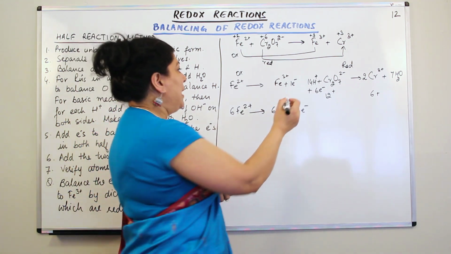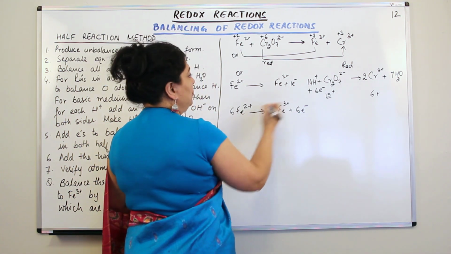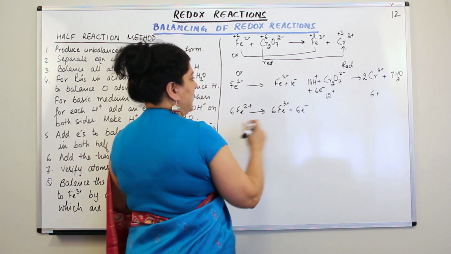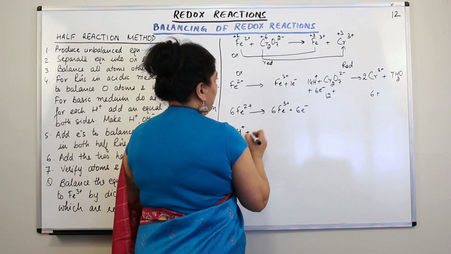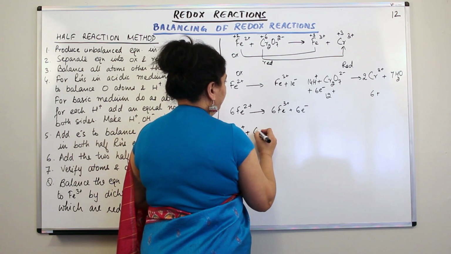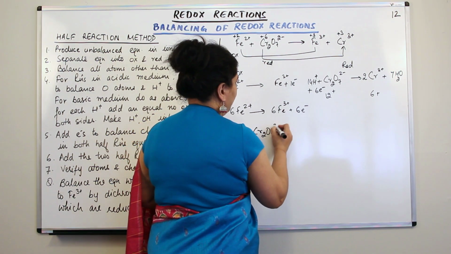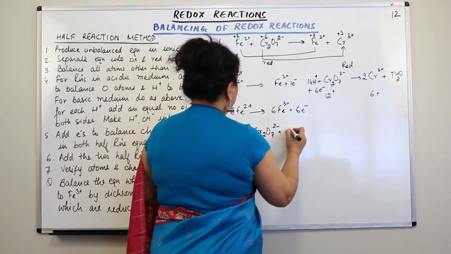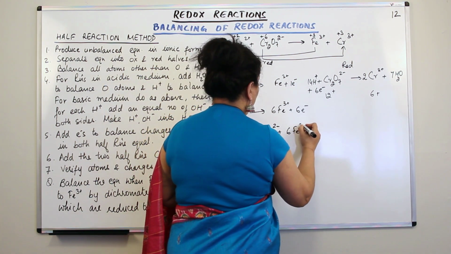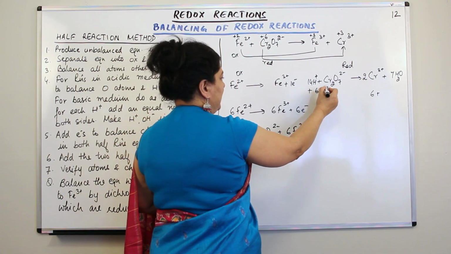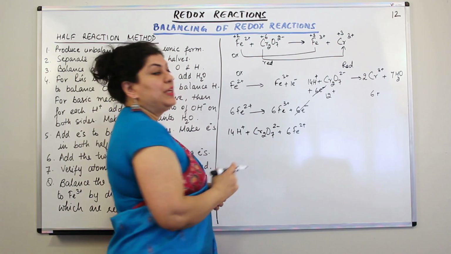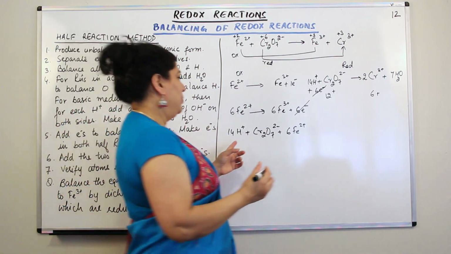And then we come to the next step, that will be adding the 2 half reactions. Let us add them. Let us see the reactant side. What all do you have? You have 14 H positive plus Cr2O7 2 negative plus 6 Fe2 positive. The 6 electrons in the oxidation half and the 6 electrons in the reduction half would get cancelled, so we can ignore these.